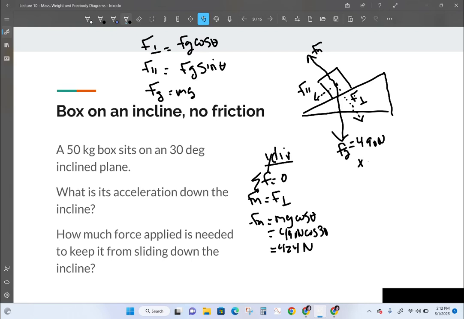And in the x direction, it's going to accelerate. And the force that's doing that is F parallel. And F parallel is mg sine theta, which is equal to ma.